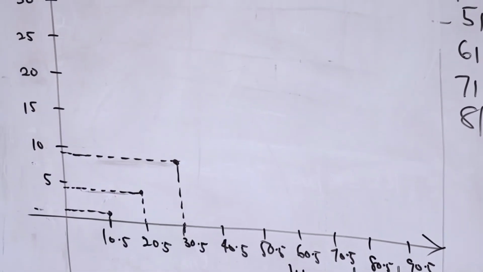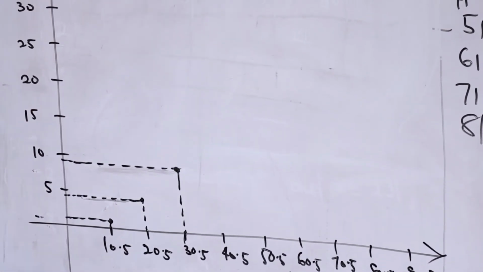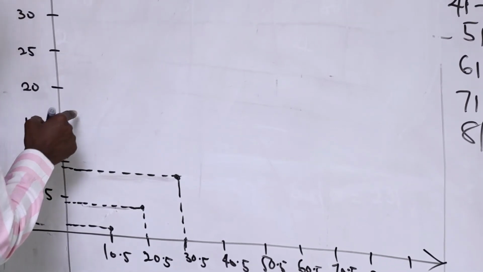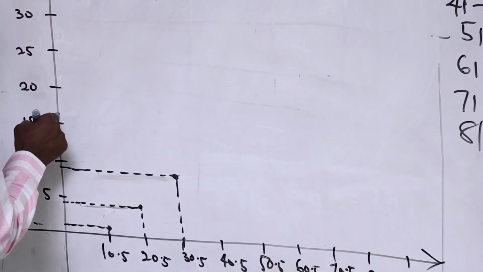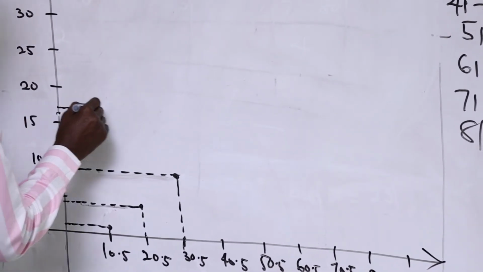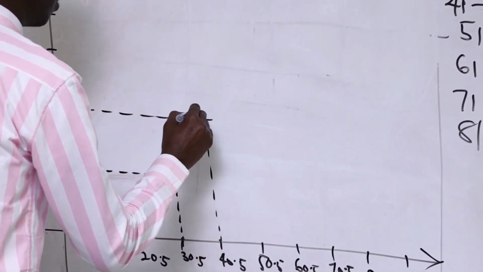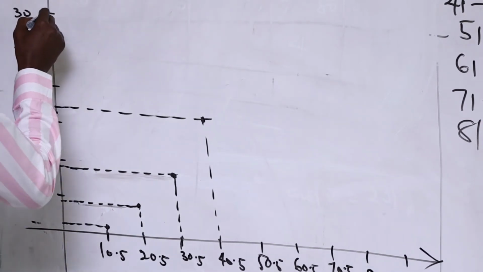Okay? 30.5 to 40.5, that's 17. 17 will be what? 4 O's up from 15. 4 O's up, yes. Okay? What's the next one? 29. 2 O's down from 30.